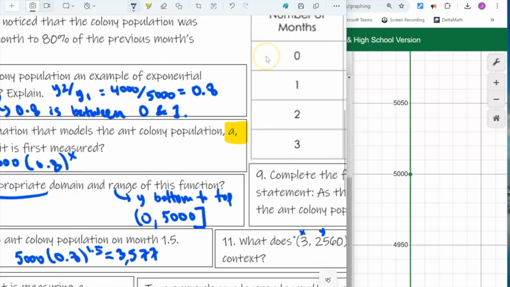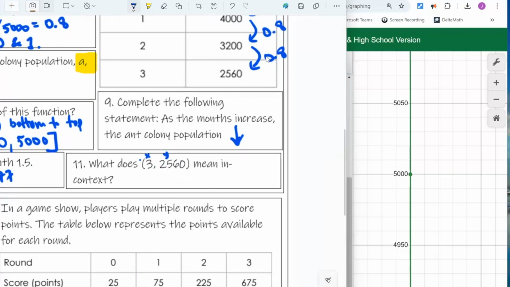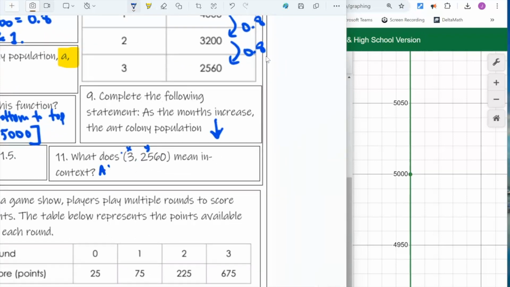Okay, something along that line. So after 3 months, I'm just going to abbreviate, there were 2,560 ants in the colony.